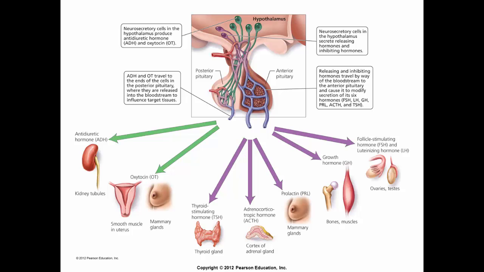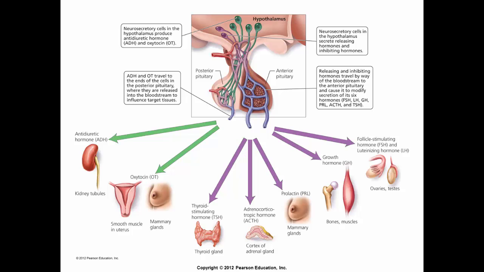This shows an image of the anterior and posterior pituitary gland located at the base of the hypothalamus. The hypothalamus will produce some hormones. You can see up at the far upper left where the neurosecretory cells in the hypothalamus produce the antidiuretic hormone and oxytocin.